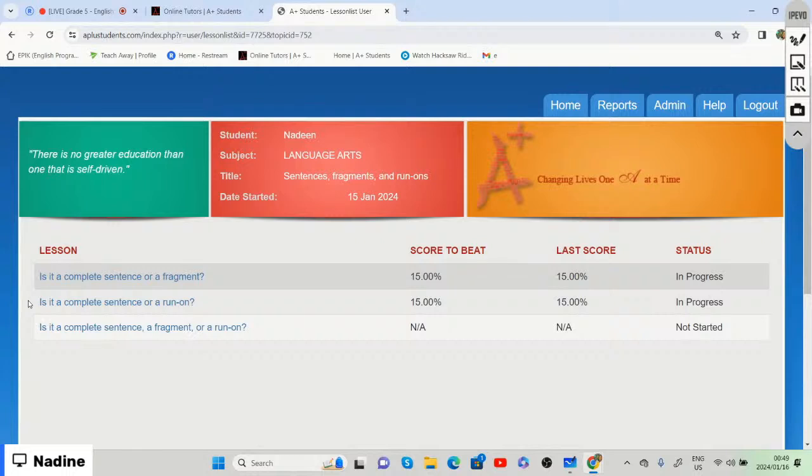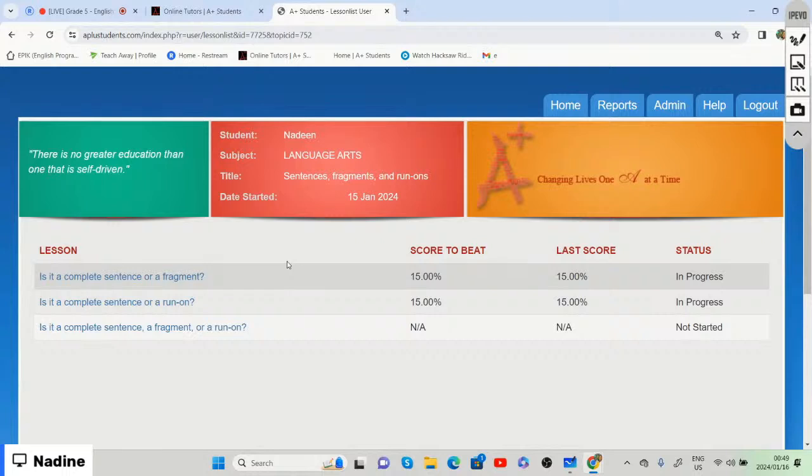All right, so that is now the end of our lesson on sentences, fragments, and run-ons. And we said a sentence expresses a complete thought and it has a subject as well as a verb.